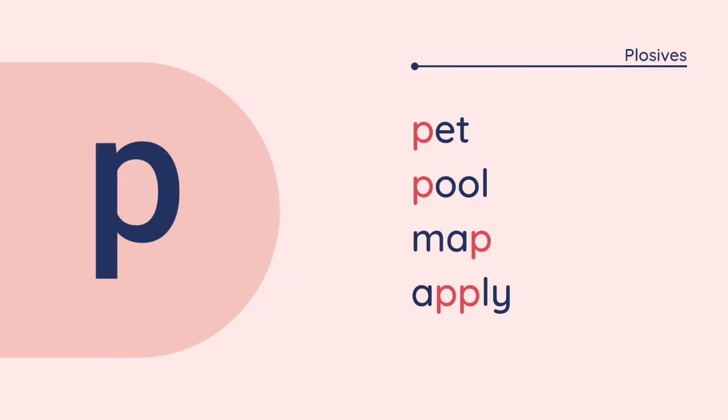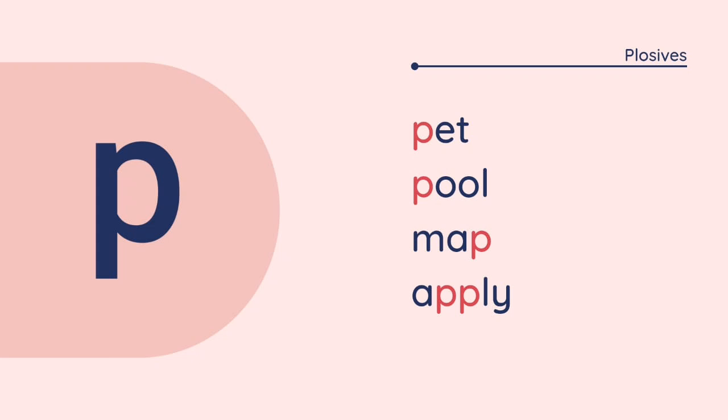The first example here is consonant P. It's a plosive sound. You can see the immediate release of air that was initially blocked, and that is why we call it a plosive sound.